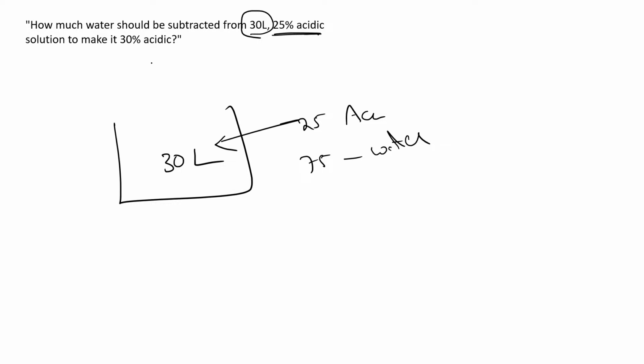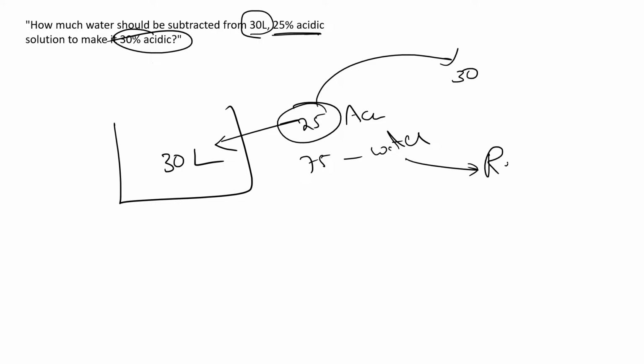Now if you want to make it 30% acidic, to convert this 25% into 30%, how much water do you have to remove to increase the percentage from 25% to 30%? That's what you need to find out here. The solution is only 25% acidic and you want to make it a 30% acidic solution. How much water do you have to remove from it? That's what you need to find.